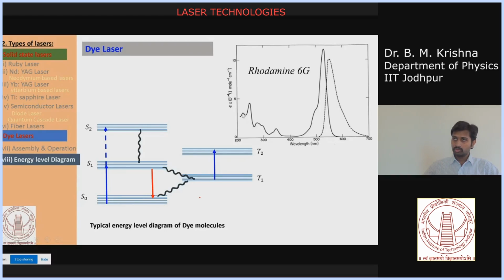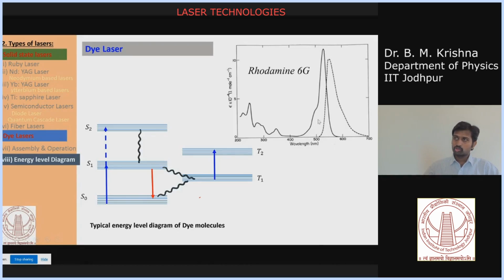These are different peaks mainly because of the triplet states, and these are the peaks because of the singlet states. So now if you see, both triplet state and singlet state peaks are available in this rhodamine 6G. Now this is your emission, this peak around 500 nanometers.